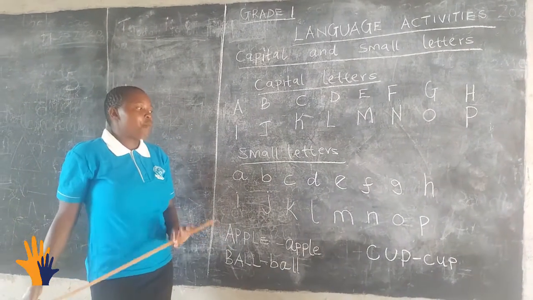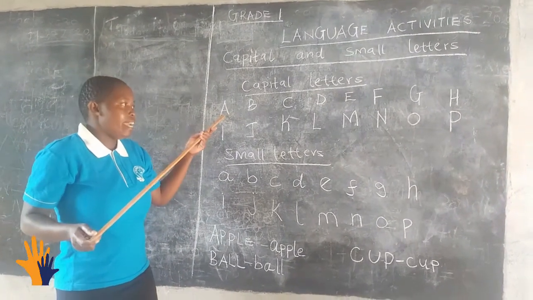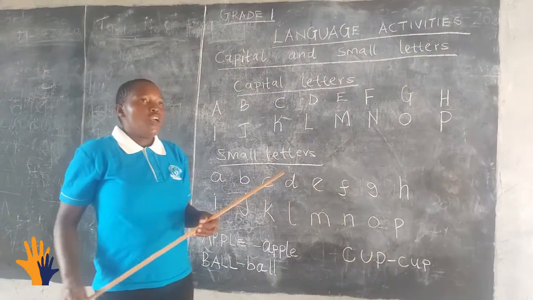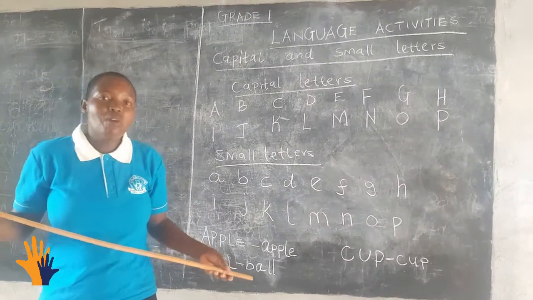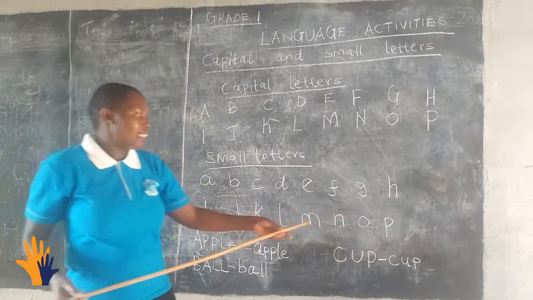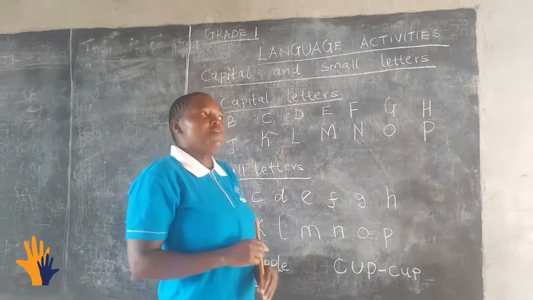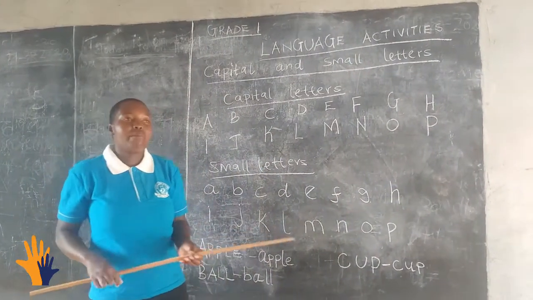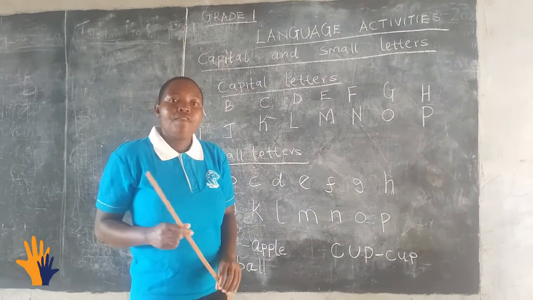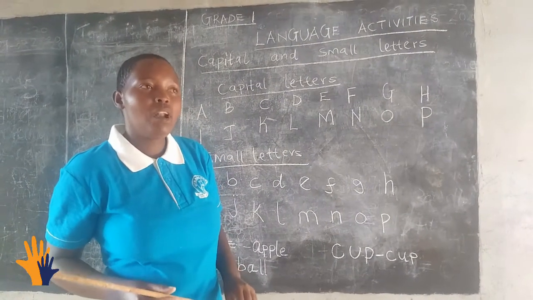You are going to write for me the capital letters from letter A to letter P, and then you write for me again the small letters from small letter A to small letter P. Then from there, remember to make me some more 2 words in capital letters. You write for me the 2 words in capital letters, then you change them into small letters.